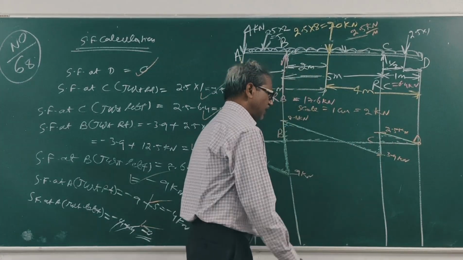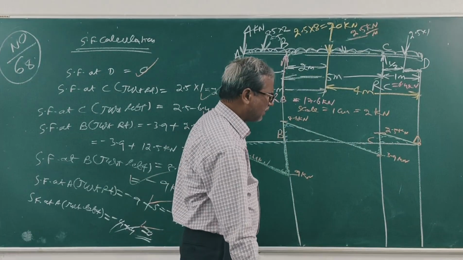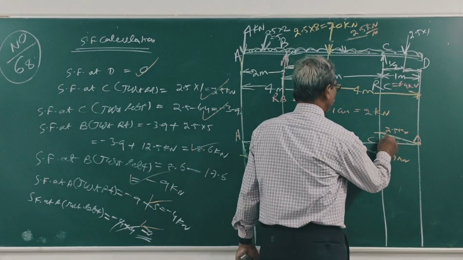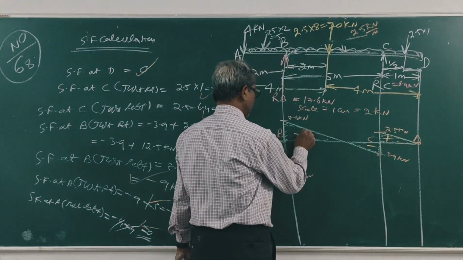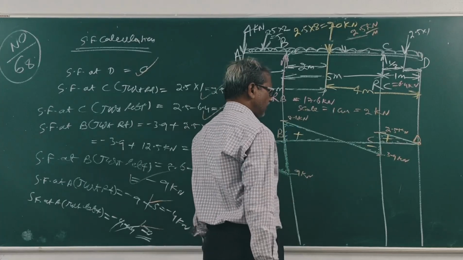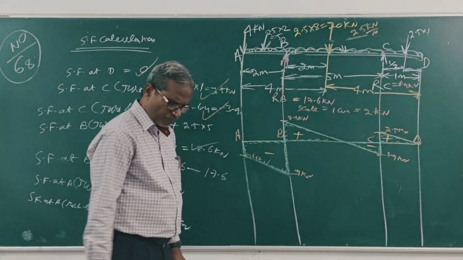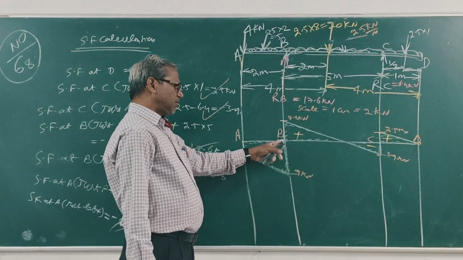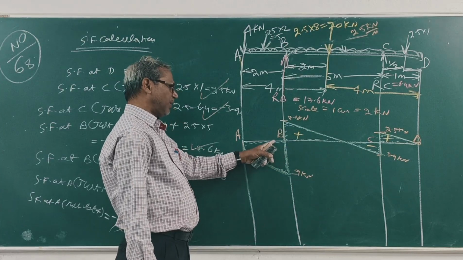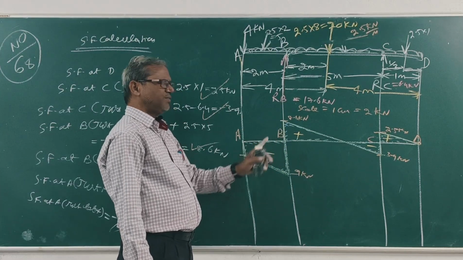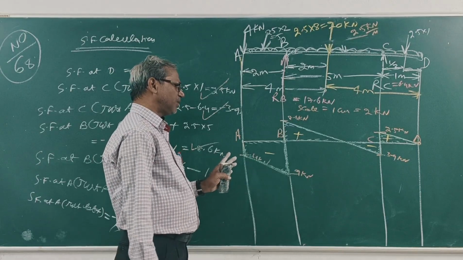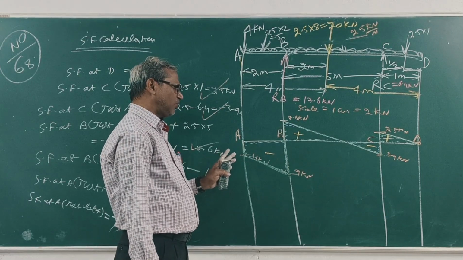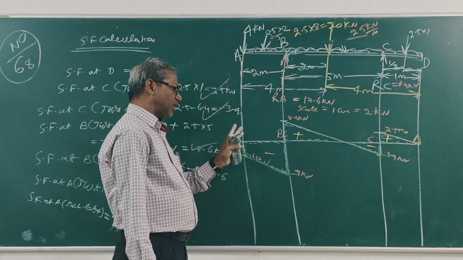So this is plus, minus, plus, minus. Now the shear force changes sign at points A, B and C. So at these points, the BM is maximum. Clear? First find out the bending moment at all the points A, B, C, D.